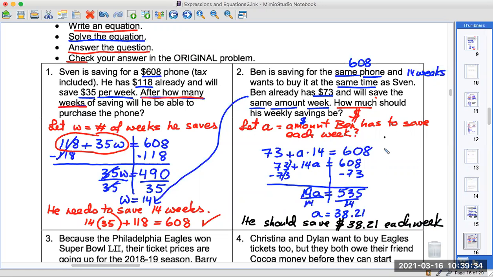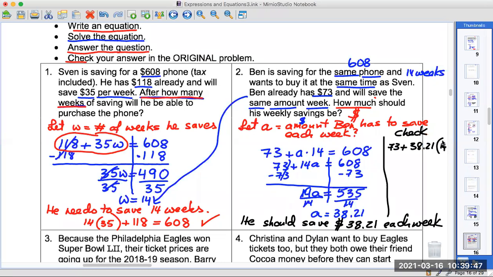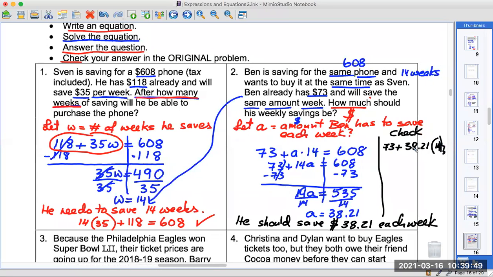If you check, I can say the 73 that he started with plus the 38.21 for 14 weeks should give me the money I need to buy that phone.